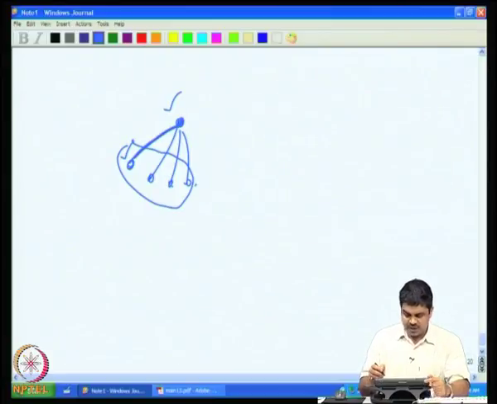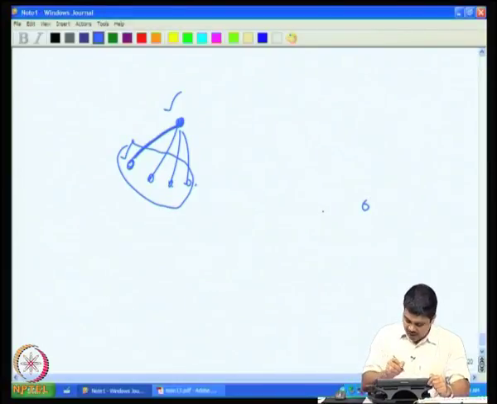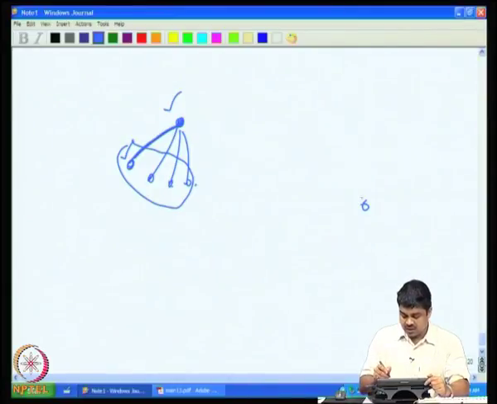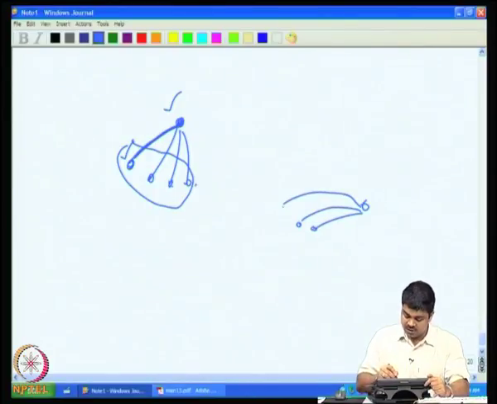But then if I was doing it carefully, what I would do is try to order the vertices in such a way that every time I select a new vertex, I pick up the vertices in that order, such that the number of already considered neighbors it has is minimized, right.